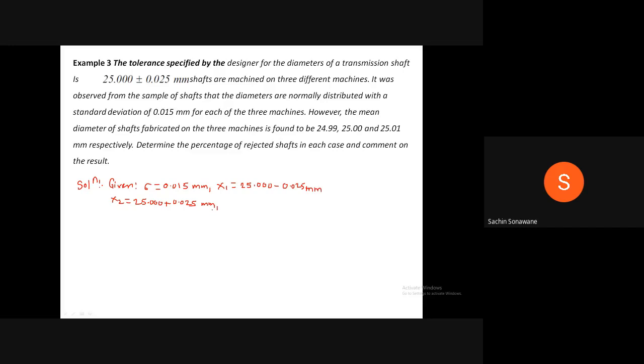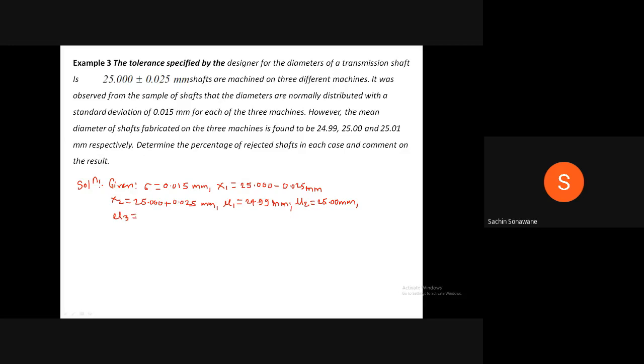Then mu1, that is mean, 24.99 mm. Then mu2, 25.00 mm.